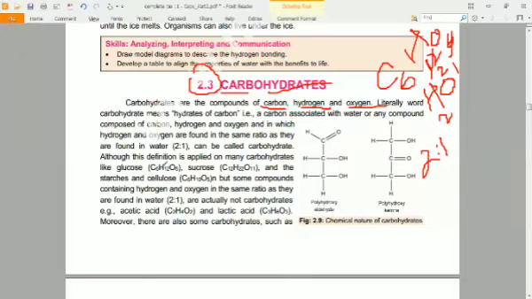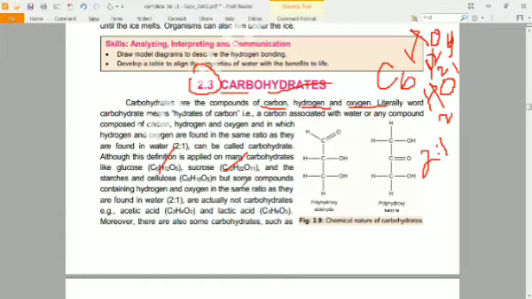There are lots of molecules, for example glucose and sucrose, which are present in the 2 to 1 ratio, but there are certain other molecules which don't have the same ratio. Some compounds containing hydrogen and oxygen in the same ratio as they are found in water are actually not carbohydrates.